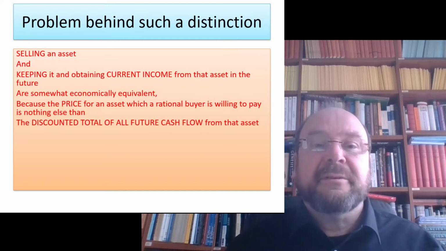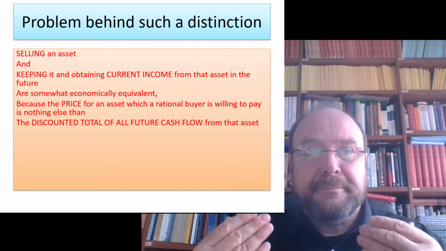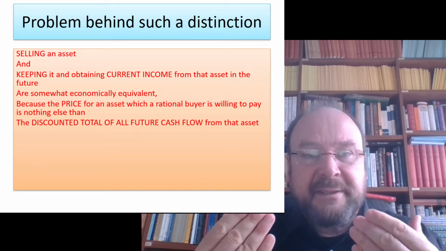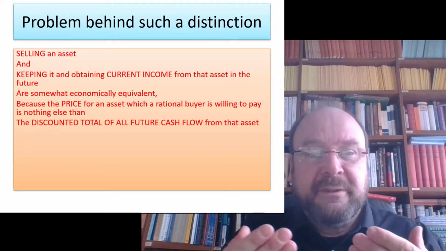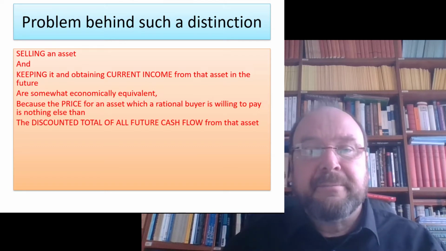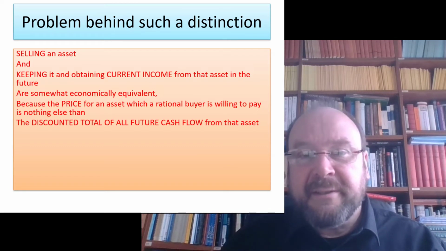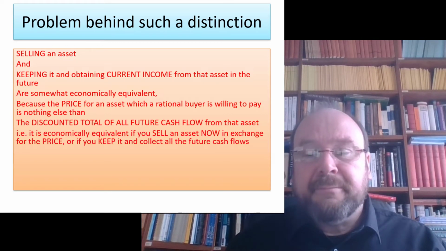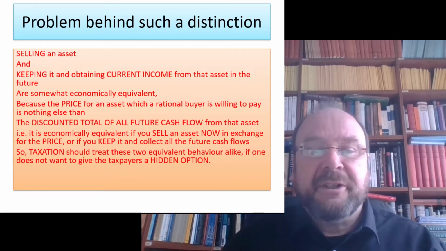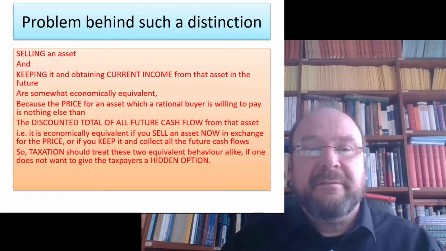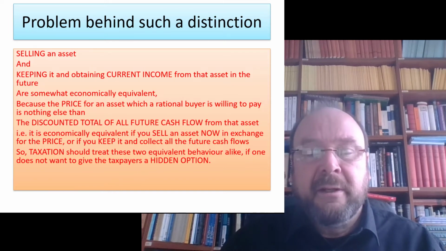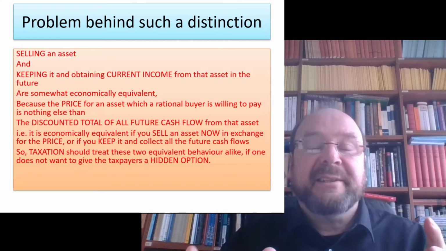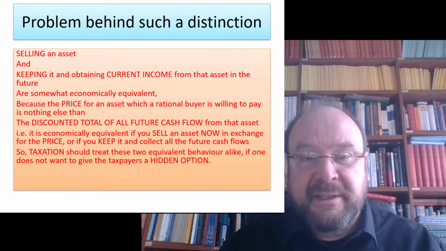So here we have two different things which economically basically are the same: selling and using. So taxation usually should not treat these two equivalent behaviors differently. It should treat them alike, if one doesn't want to give the taxpayers a hidden choice between two ways of being taxed differently.